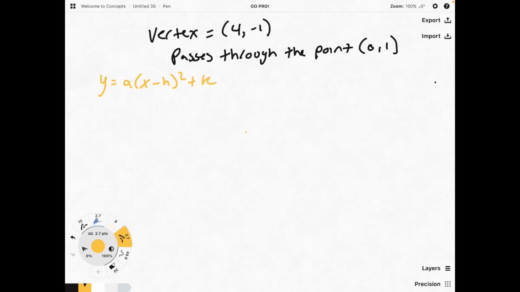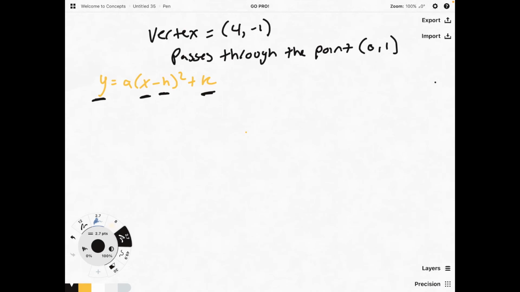Well, because we're given the vertex, we know h and we know k, and we also know that it passes through the point (0, 1). So in this case, we also know y and we know x. All we need to do is find a and then plug that value back in to find the standard equation.